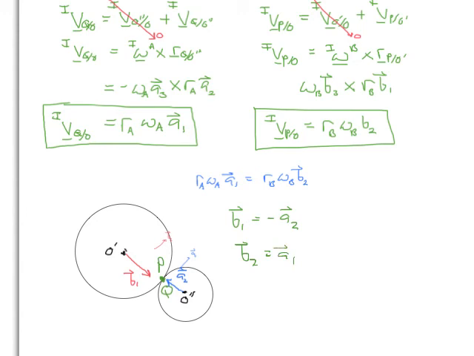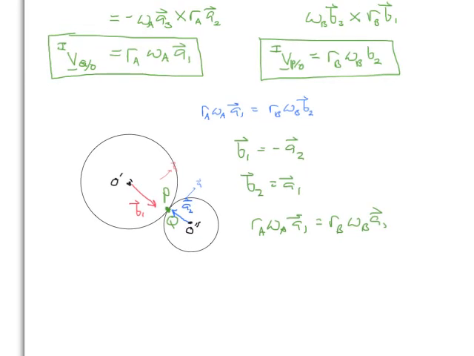We make our substitutions, A1 in for every B2, and so we get the expression r sub A omega A A1 is equal to r sub B omega B A1.